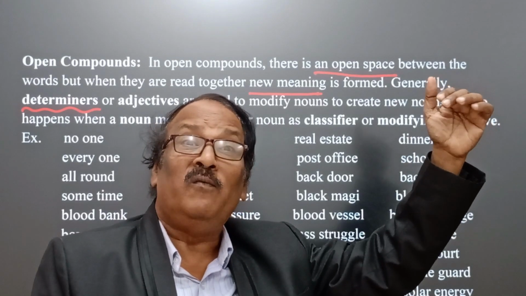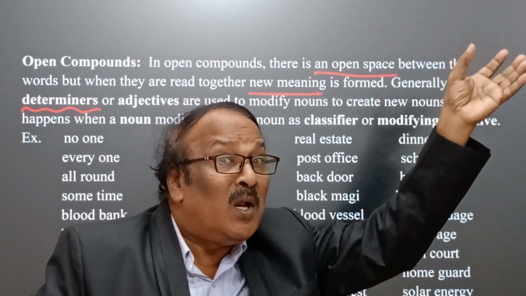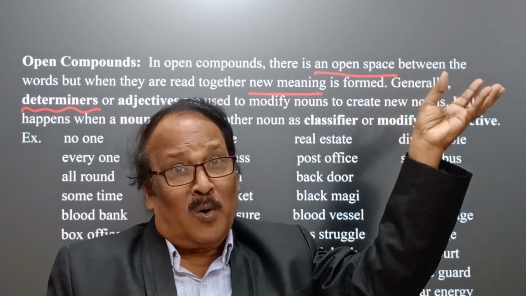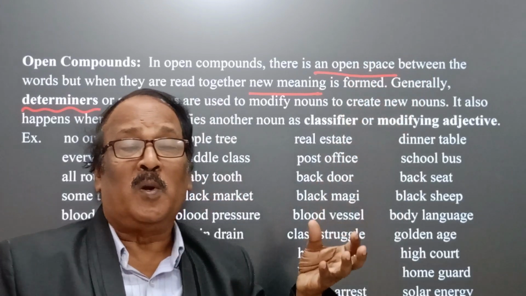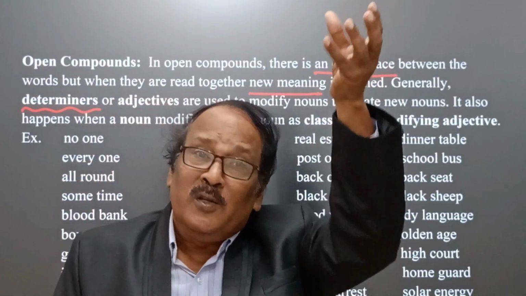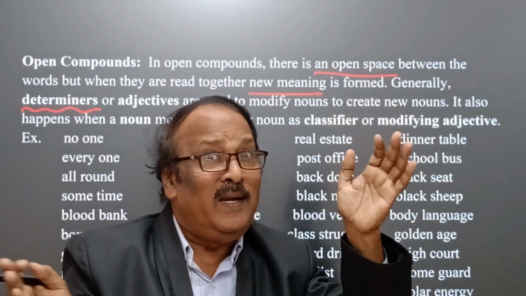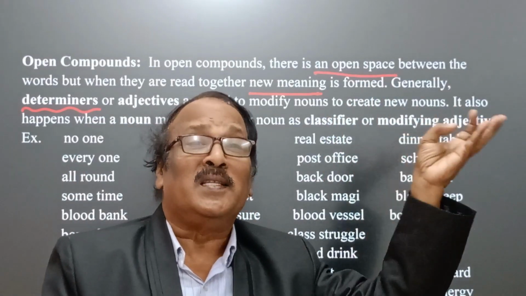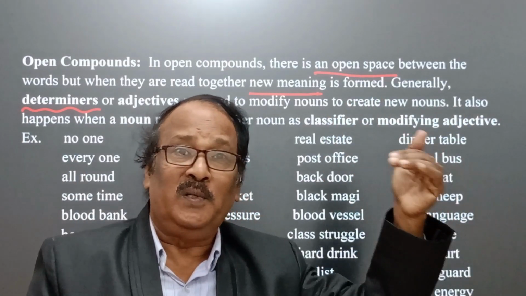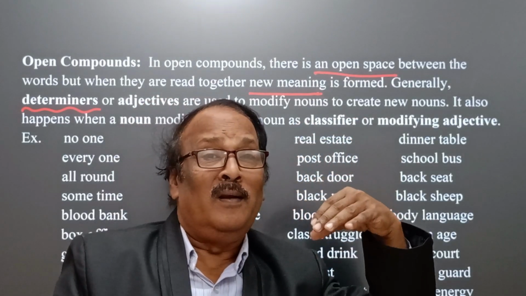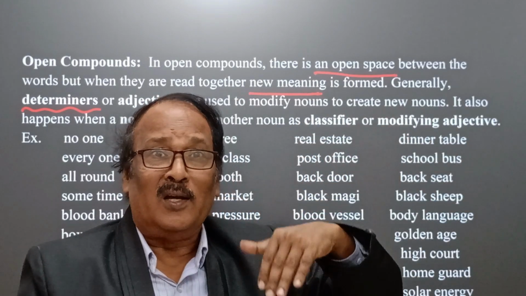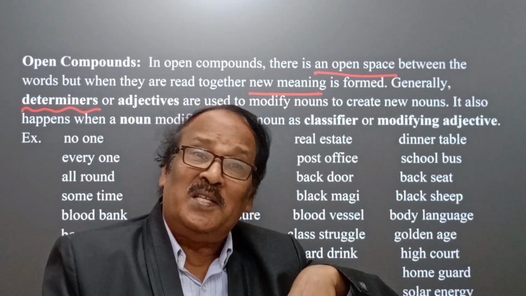Some determiners come from pronouns, some from adjectives, even some from nouns. Classifiers, articles, possessives, cardinals, ordinals, quantifiers, intensifiers, all are determiners.